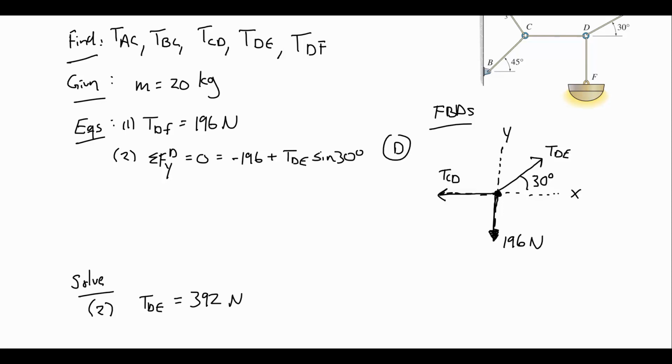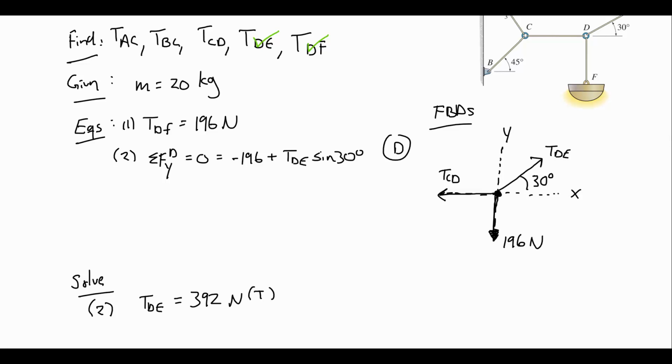And it's positive, so that indicates it is indeed in tension, and really this has to be because it's a cord. If we got a negative answer, indicating it was in compression, we did something wrong. So TDE we have solved for, and also DF we solved for, so that's done.